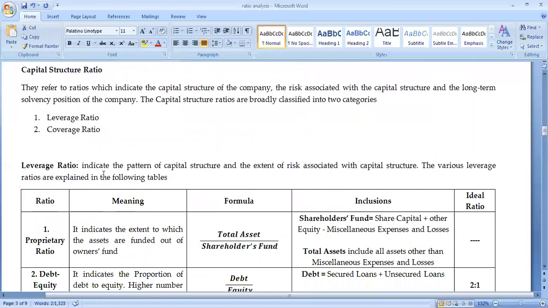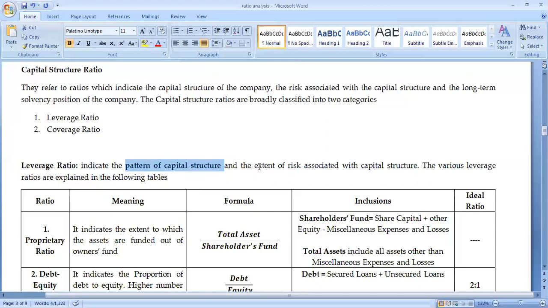Okay. So what is leverage ratio? Leverage ratio is going to indicate the pattern of capital structure. So what is pattern of capital structure? It is nothing but whether it is from the equity share capital, or from the proprietor's capital, or from the debt or the debentures.